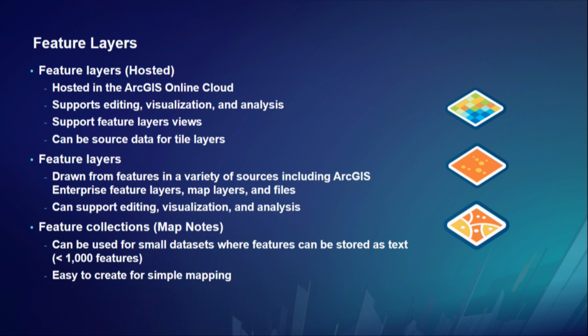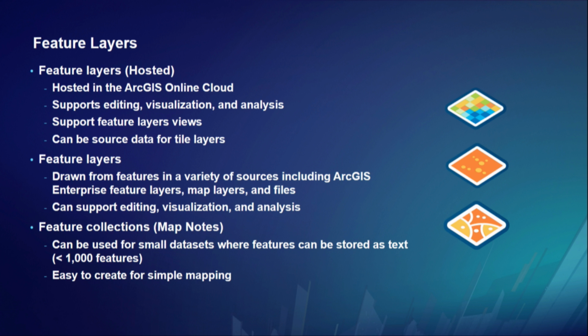And we also have this concept of feature collections. An easy way to remember what a feature collection is, is to think of the map notes functionality in the map viewer. In that case, you're not publishing data to the server or to our hosted environment. You're really just dropping points and features onto the map that are stored as text.